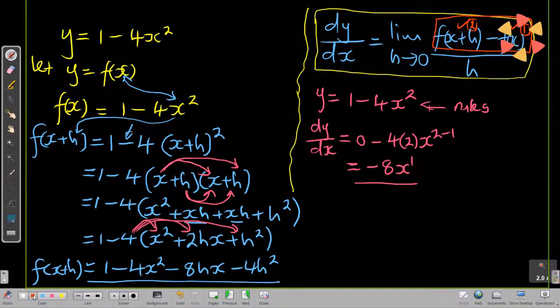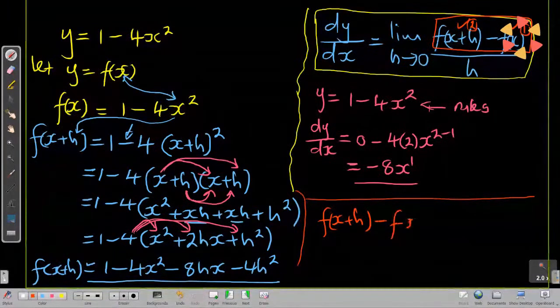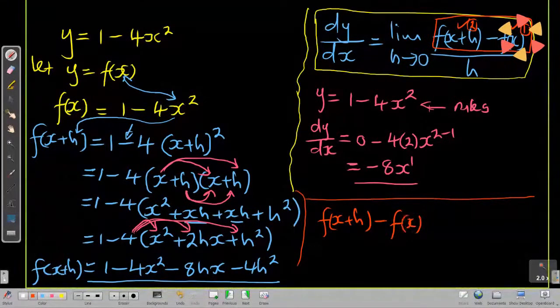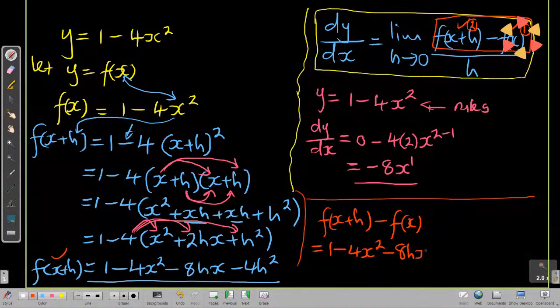So f of x plus h minus f of x is equal to, where there is f of x plus h, I represent that, which is 1 minus 4x squared minus 8hx minus 4h squared.